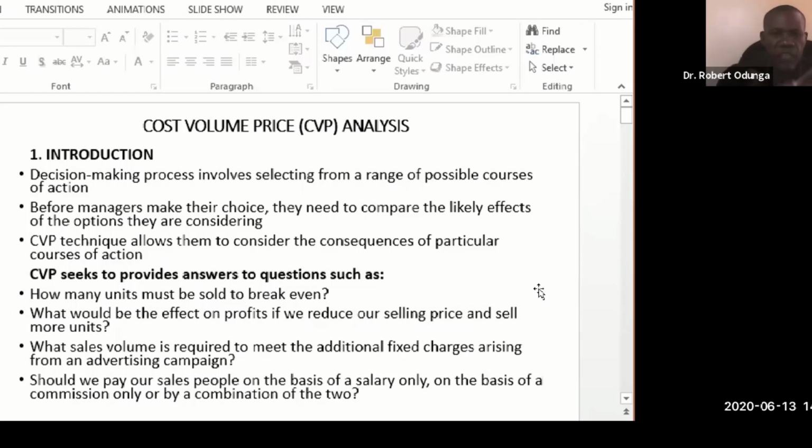All right. So among the other things that you look at is the cost-benefit analysis, which you have to do for various projects, and then select the one that is most viable at that particular time. So CVP techniques allow them to consider the consequences of particular courses of action. All right. So you can play around with this function.